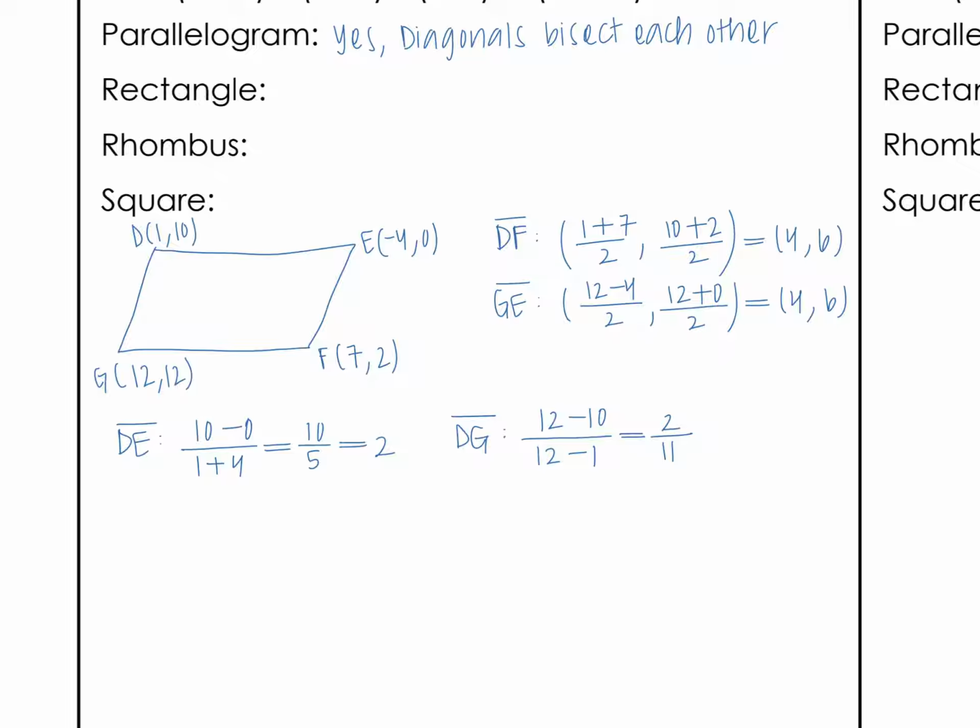Okay, so looking at those two slopes here, we know that this is not going to be a rectangle because the consecutive sides are not perpendicular. These two slopes are not perpendicular to each other.